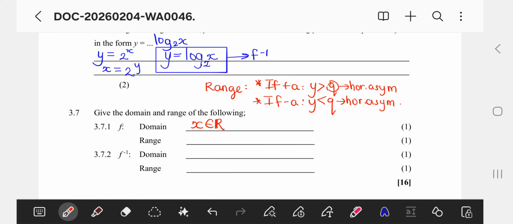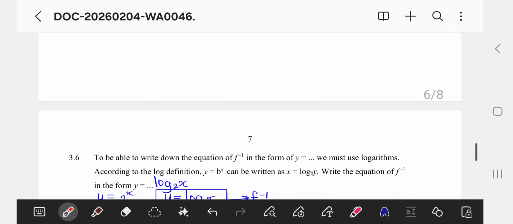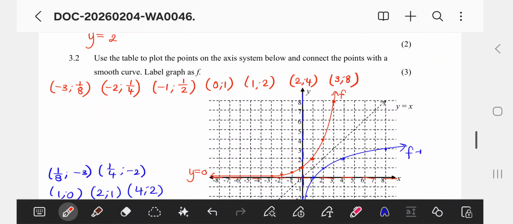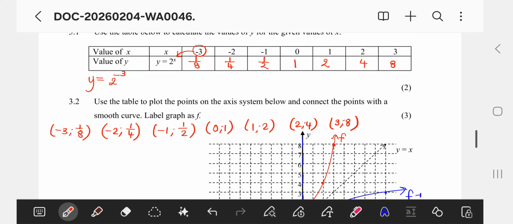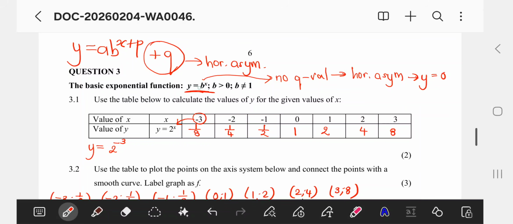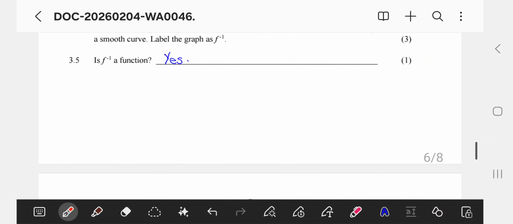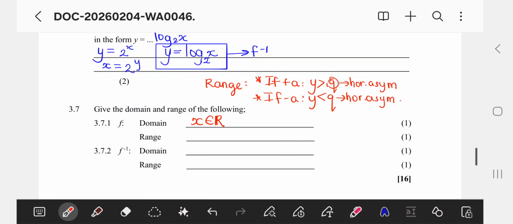Now, we have established that from the exponential function that we had here, the q value was 0. And since it is a positive a, remember, a would be the coefficient here of b. If there's nothing showing, then we take a as 1. So right now in front here, a is 1, which is a positive 1, meaning that we're using the format of y is greater than q.